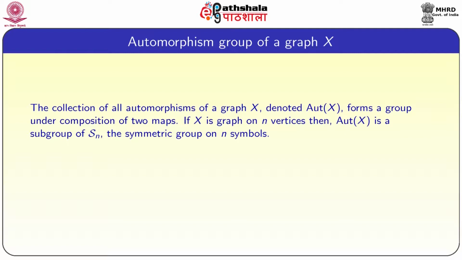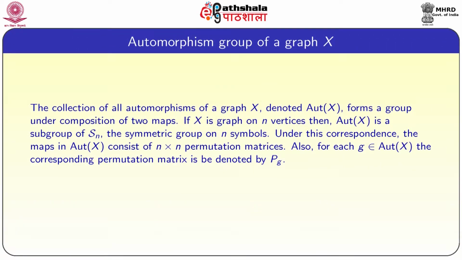If X is a graph on n vertices, then Aut(X) is a subgroup of Sn, the symmetric group on n symbols. Under this correspondence, the maps in Aut(X) consist of n cross n permutation matrices. Also, each G in Aut(X) corresponds to a permutation matrix denoted by Pg.